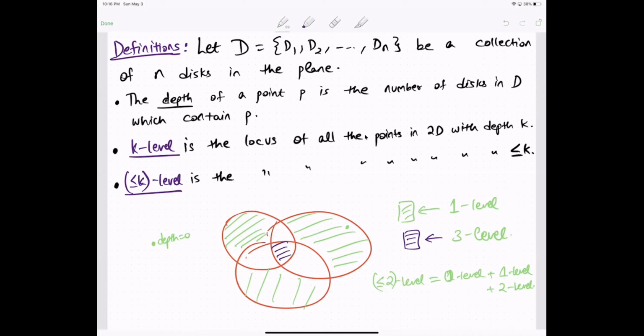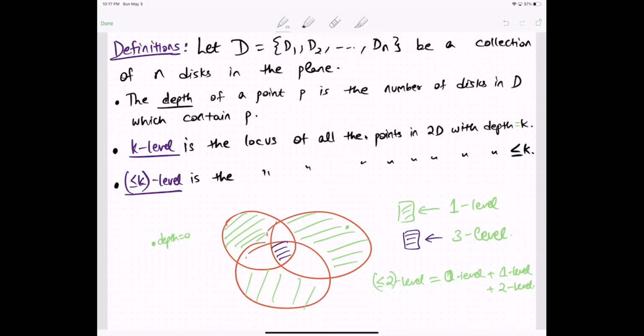So that's the definition, right? K level is where you're looking at points with exactly depth equal to K. Less than or equal to K level, you're looking at the entire portion of the two-dimensional plane where those points have depth less than or equal to K. Good. I hope this is clear. So let me go ahead.